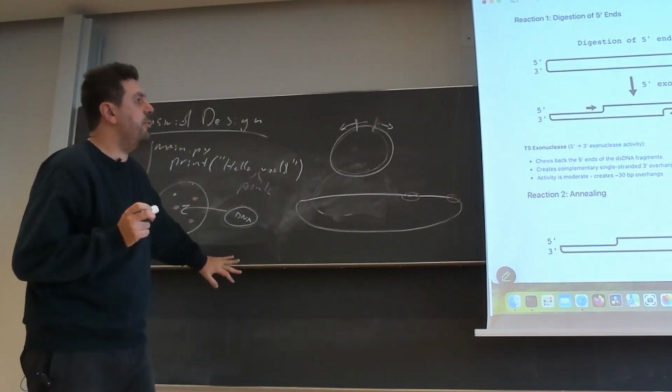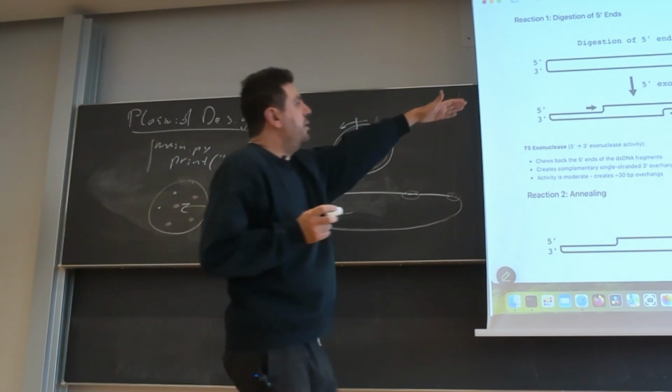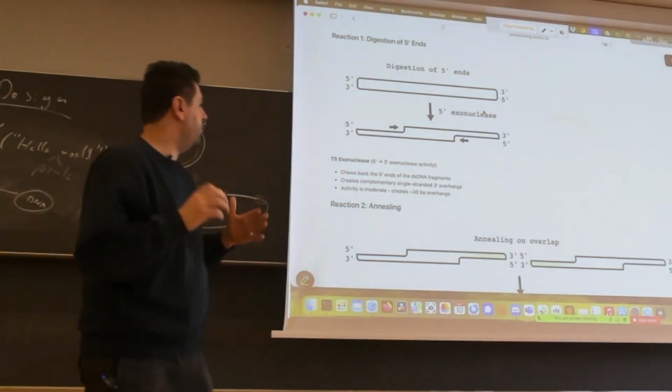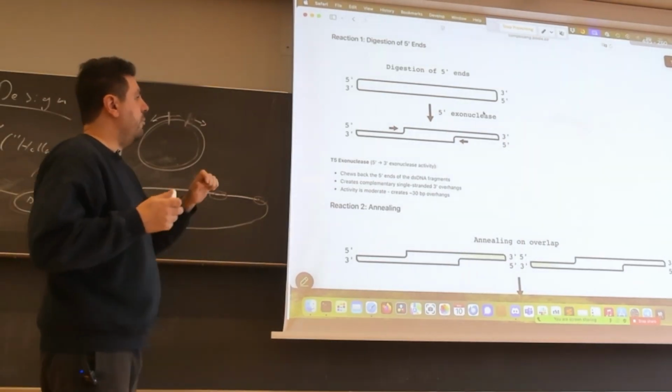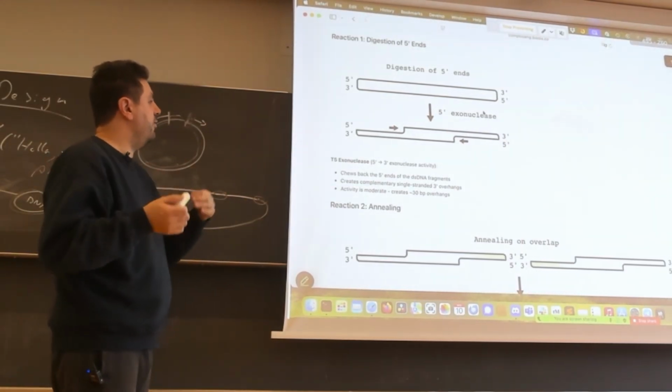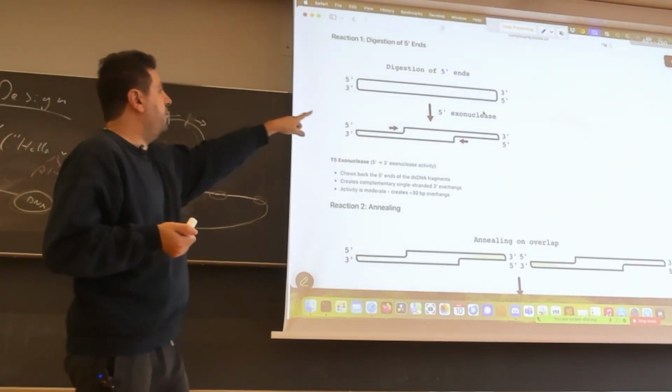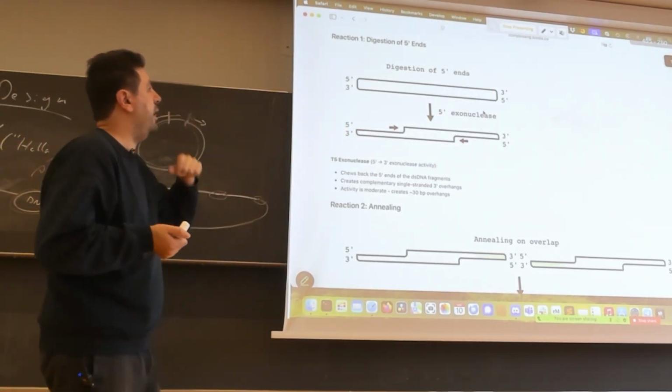But the principal idea we see here, it has actually three main ingredients. Of course, also the nucleotides and so on, but three very important things. The first one is a 5' exonuclease.